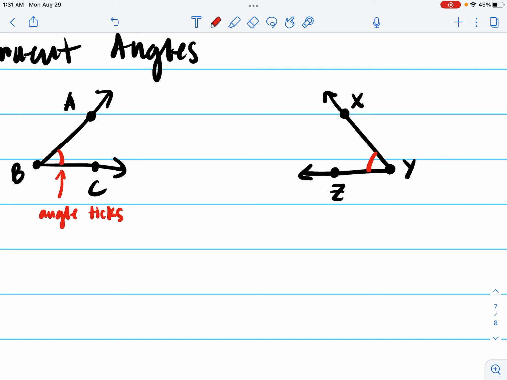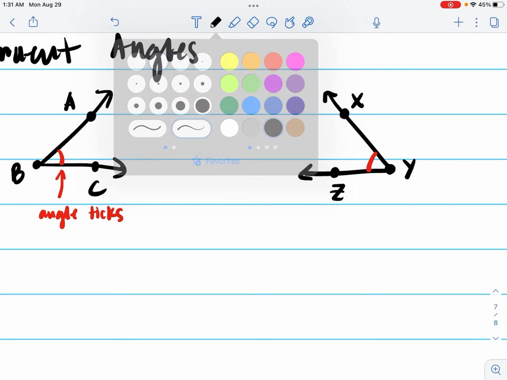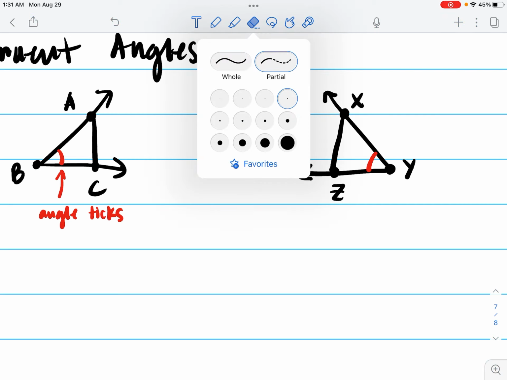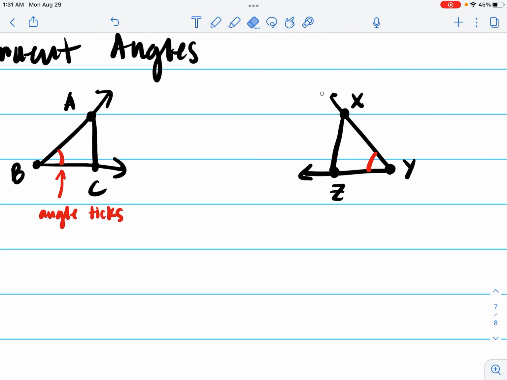And for the sake of it, actually, let's complete this triangle. Just for fun. So I'm actually going to erase part of this, and we're going to turn this into a triangle, just to make this a little bit more interesting. Okay, so sorry about that. Let's call this triangle ABC, and the other one's XYZ.